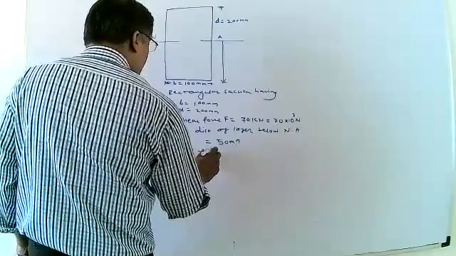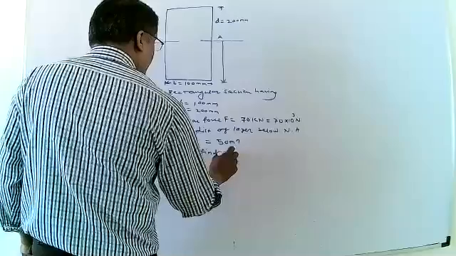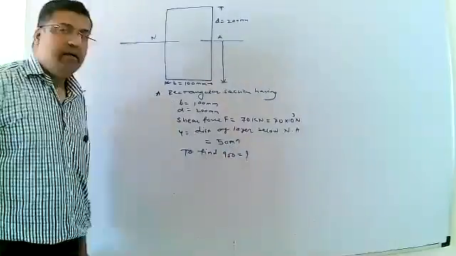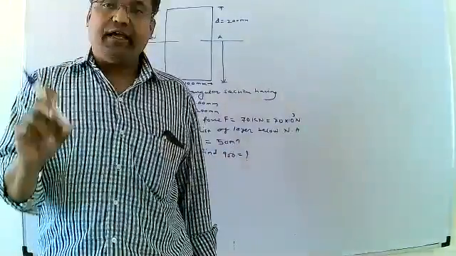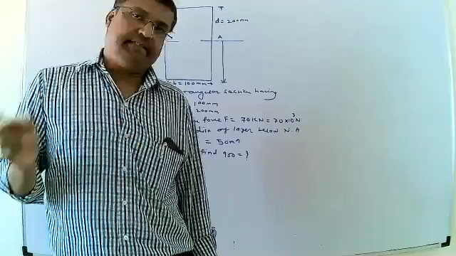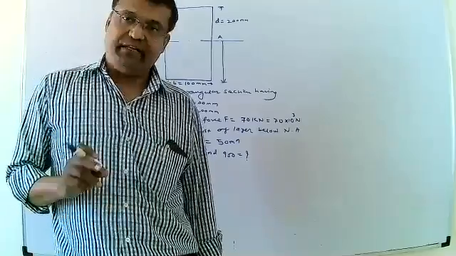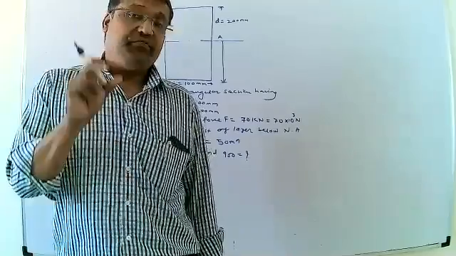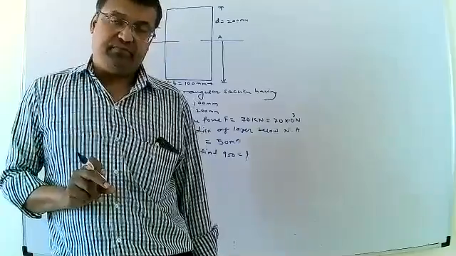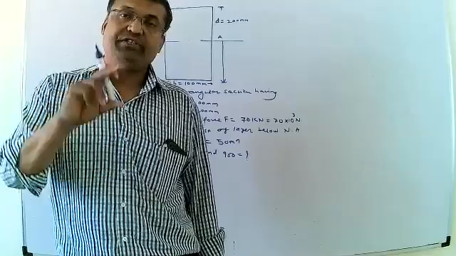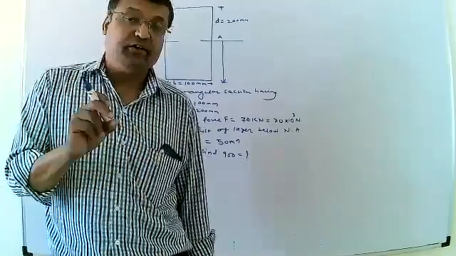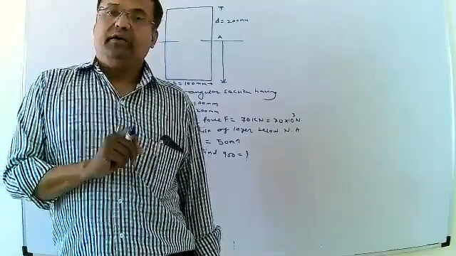To find Q50. What is y? y is the distance between the neutral axis and the layer, the most extreme layer particularly. Here, the layer at 50 mm from the neutral layer is given, and the distance between the neutral axis and that layer is 50 mm.